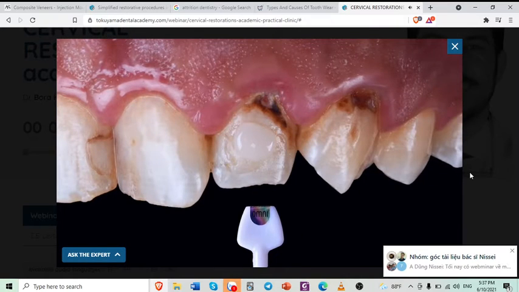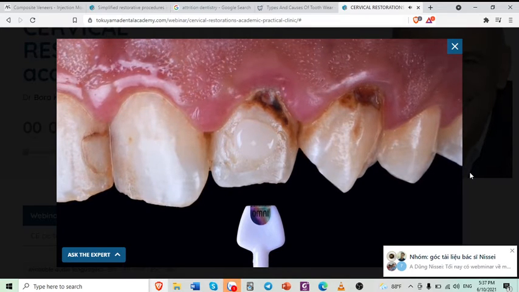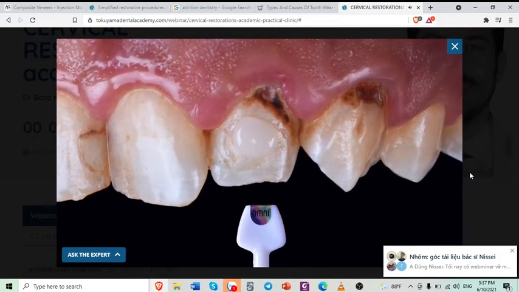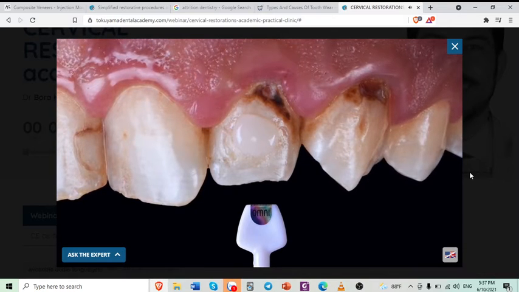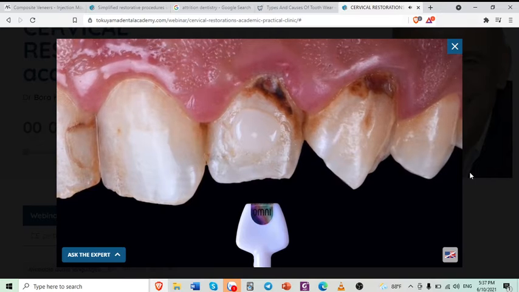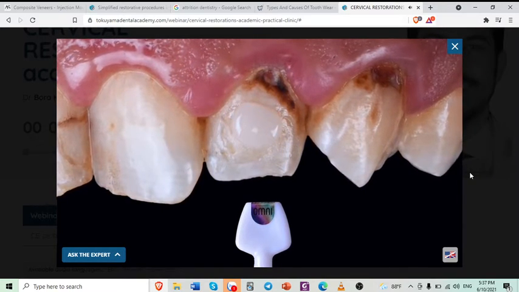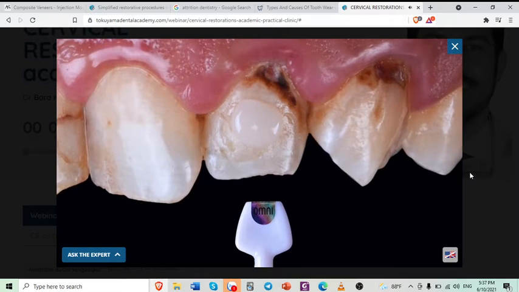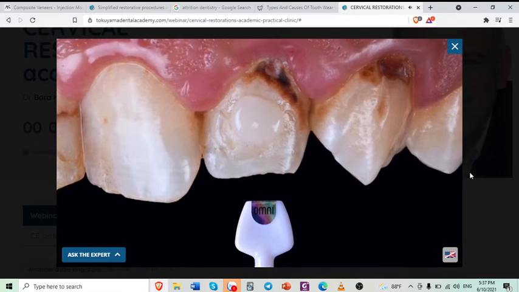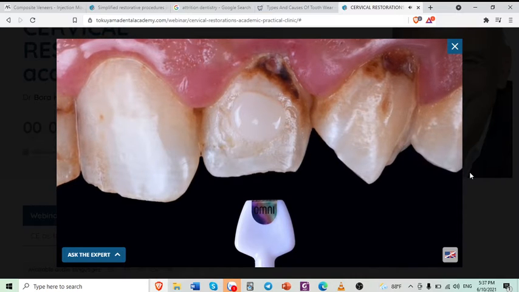Here we see the conventional composite, Omnichroma, because Omnichroma is also the new generation composite, that is to say, flowable. So I place this composite on the area and I polarize it. You see that after polarization, the color has perfectly adapted.